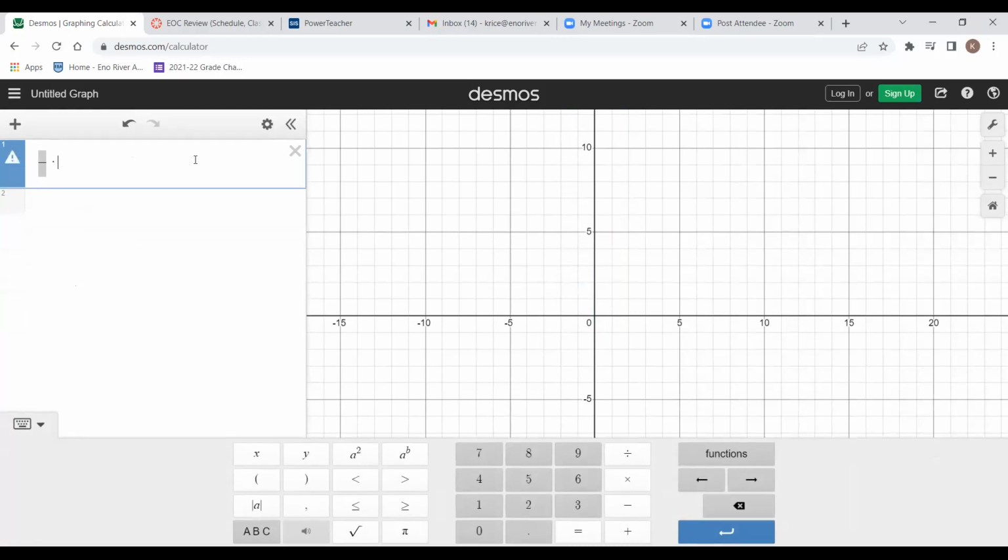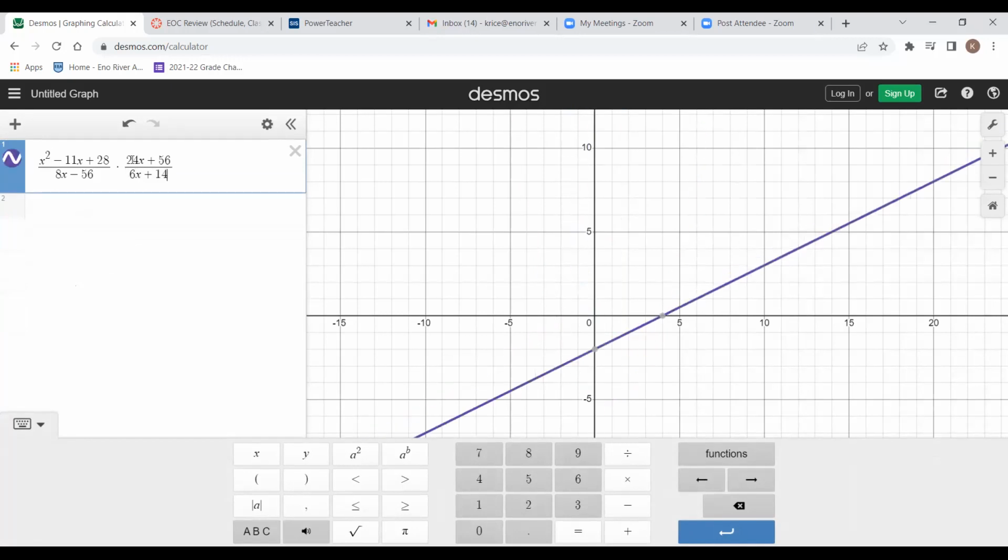So this one times like this. So x squared minus 11x plus 28. So there's the original problem, and then just type in your answer choices, but that's how I would type it for 72.